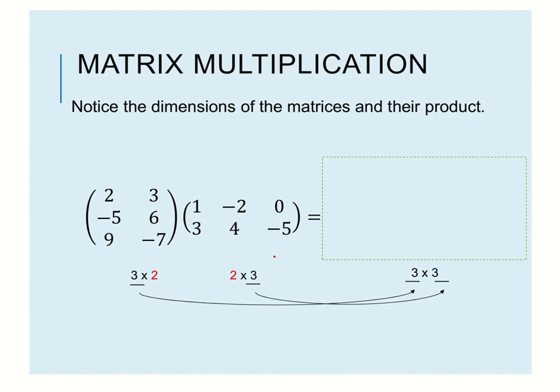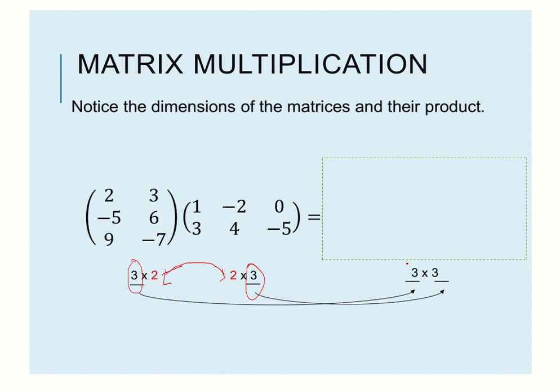Okay, now if we multiply the two matrices, the result we get will be a combination of these two numbers. Before this, we mentioned that we have to check these two numbers. They must match, the same number, and only then can we perform the multiplication.